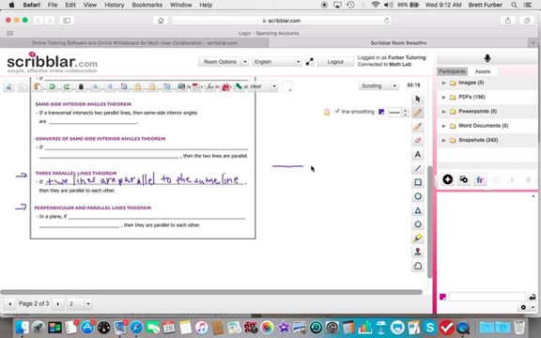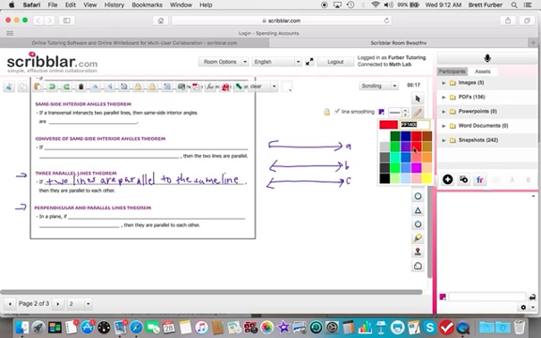So if I have two parallel lines, let me label these. For example, if I have line A and line C, and they are parallel to B, then A and C must also be parallel to each other.